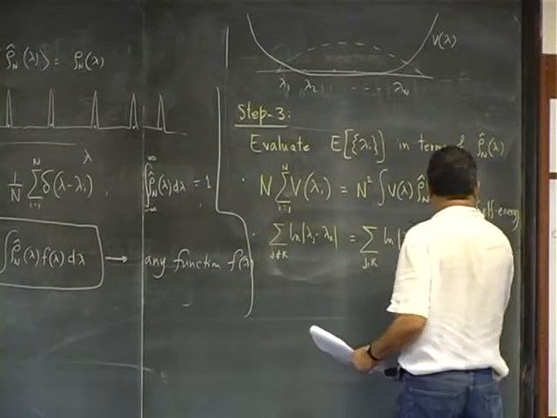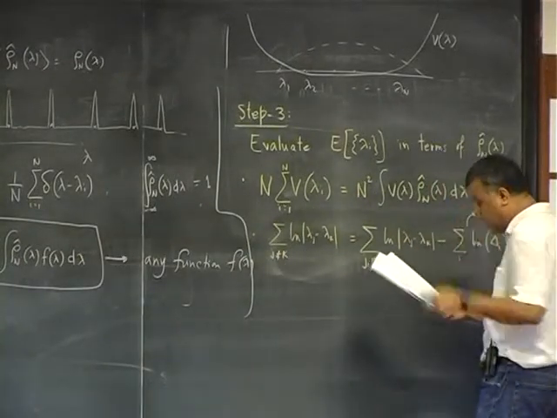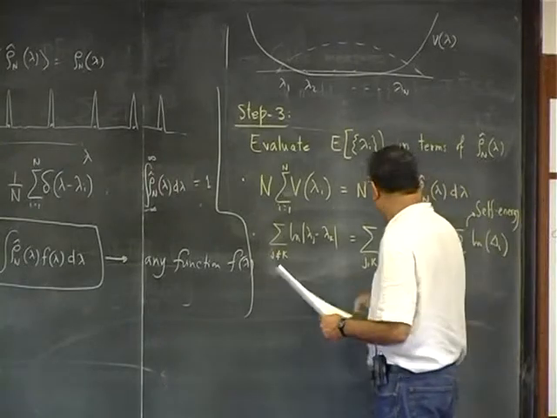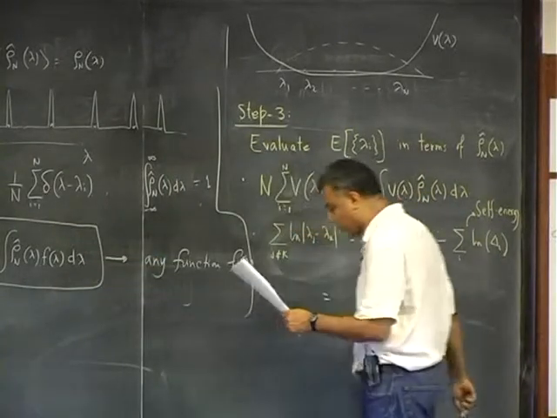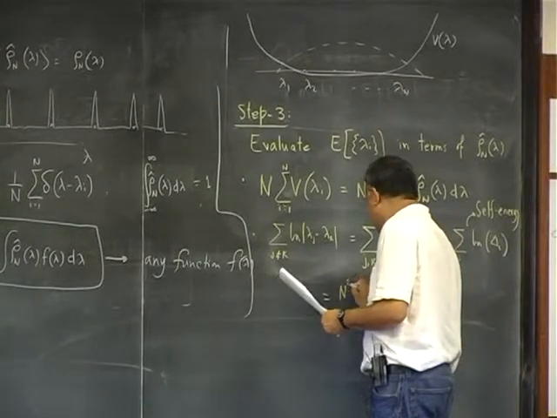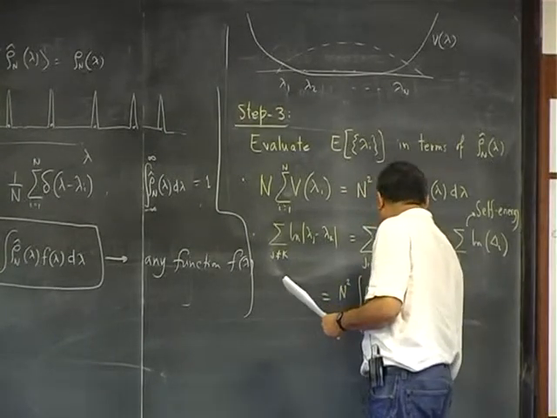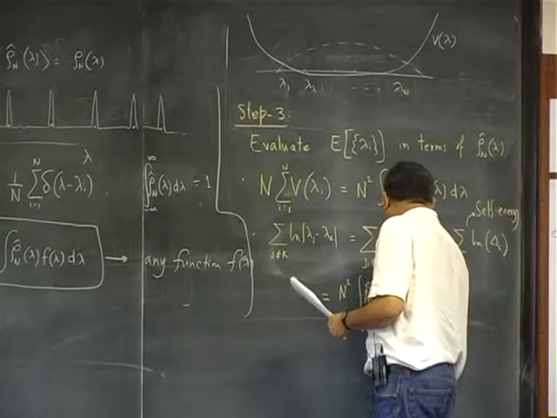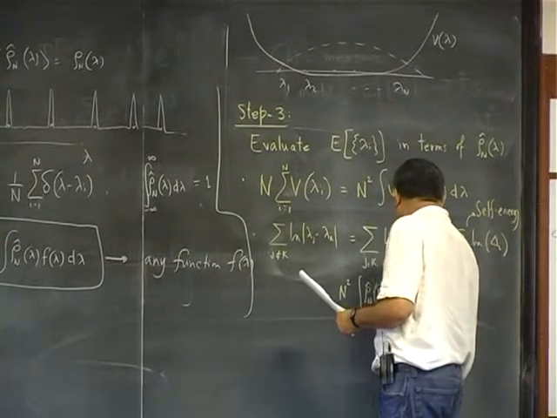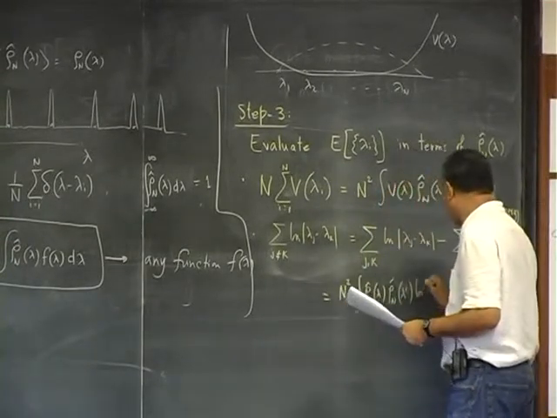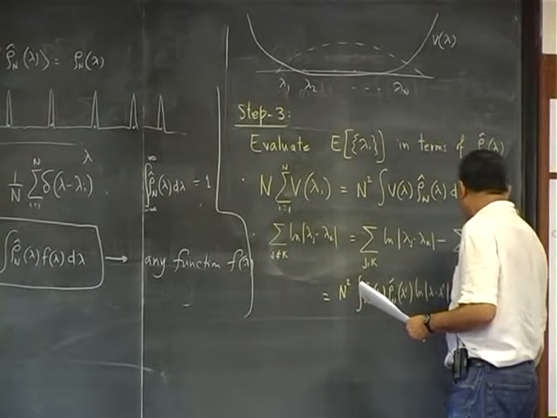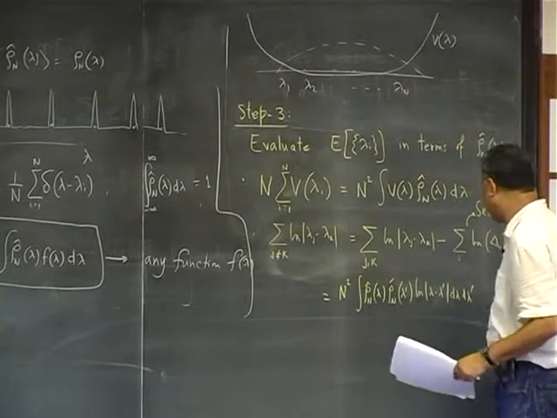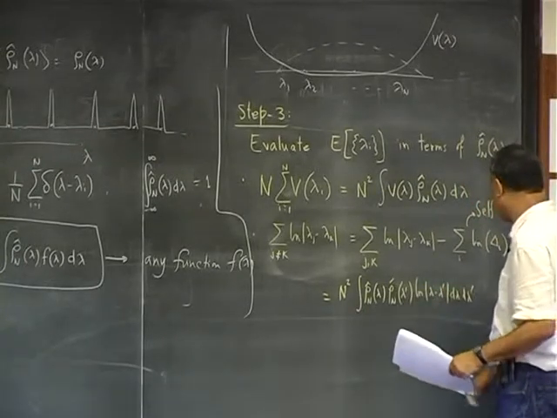So from each charge, I'm just separating out some kind of self energy. And then this part, I can again use this object, but as a double sum, and you can write this as a double integral over lambda prime in the continuum.